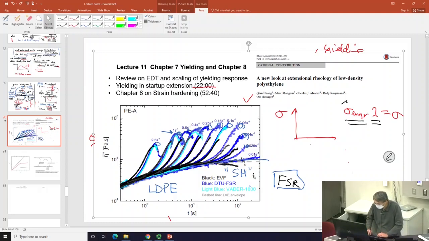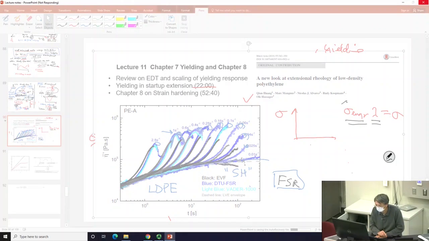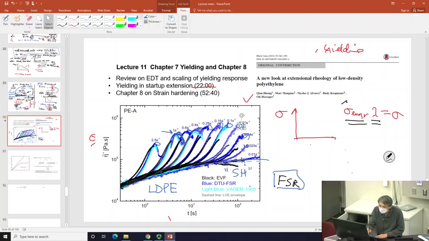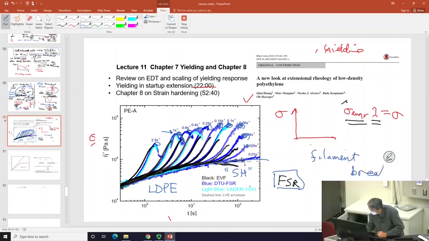So this point is what do we mean by being able to claim that you have steady state reached without encountering any, if you like, filament breaking up, right? Which is what we observe.